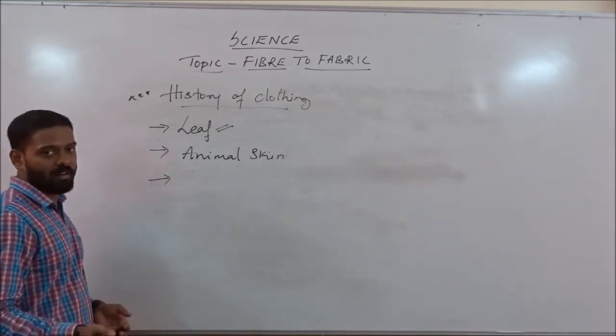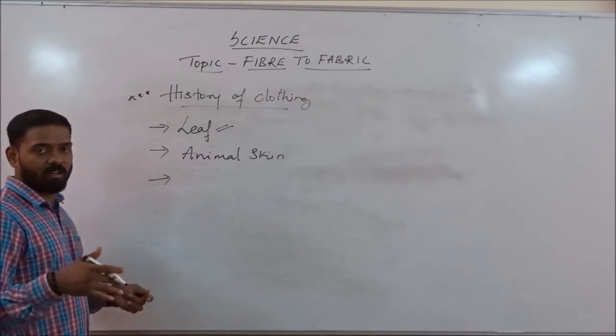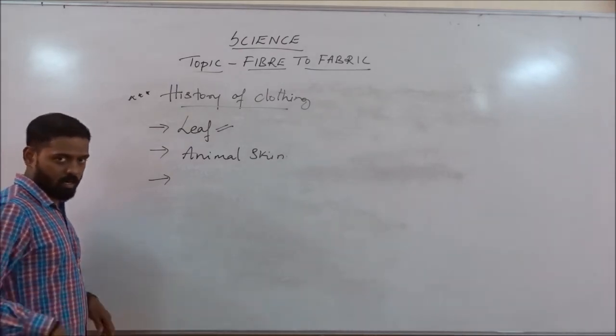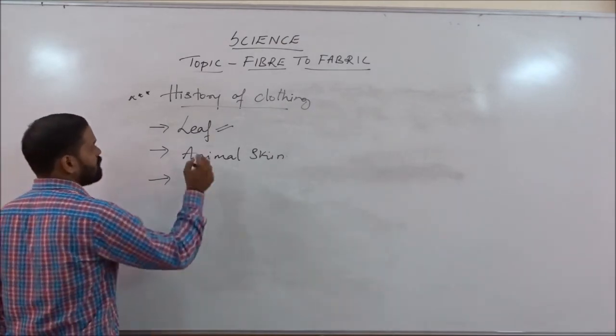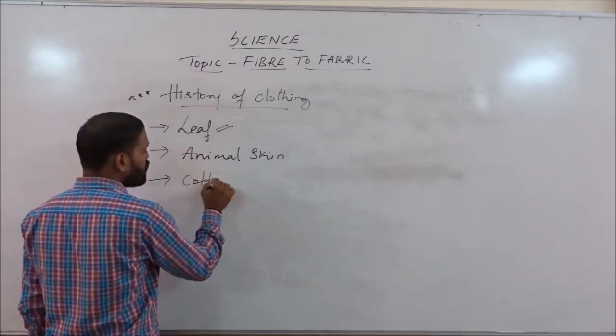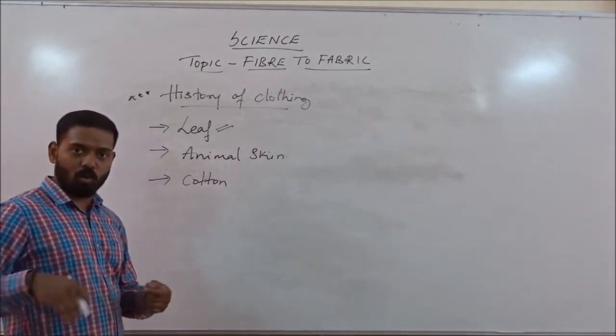When agriculture started, they began to use cotton and other things, directly using the cotton, and then ultimately came to fabrics. Then they used cotton and started to make their own kind of fabrics.